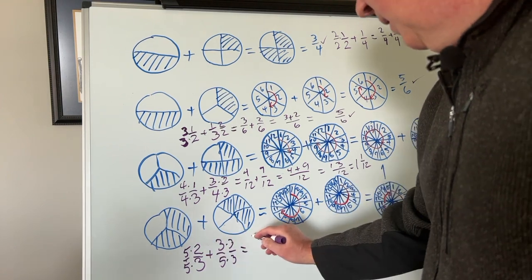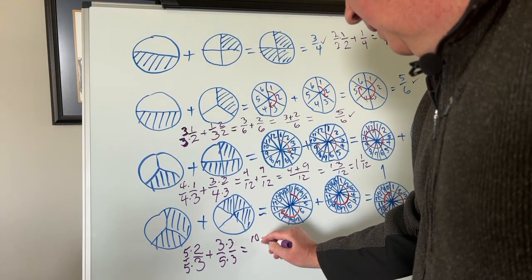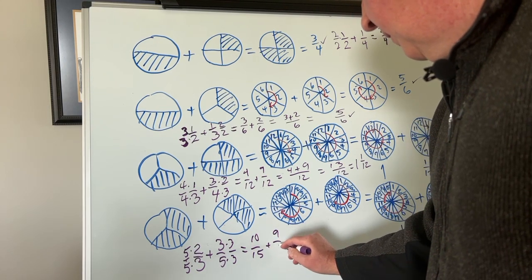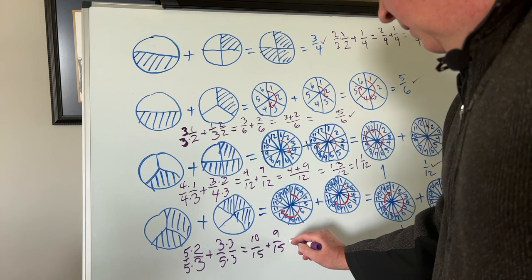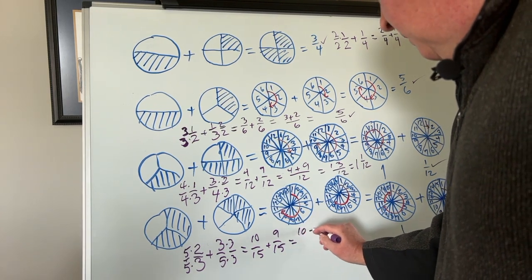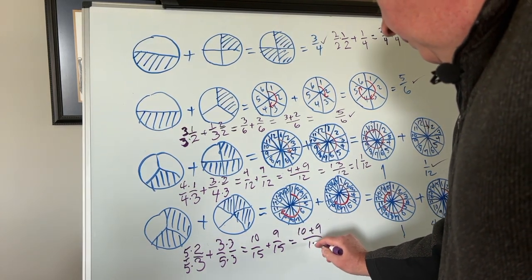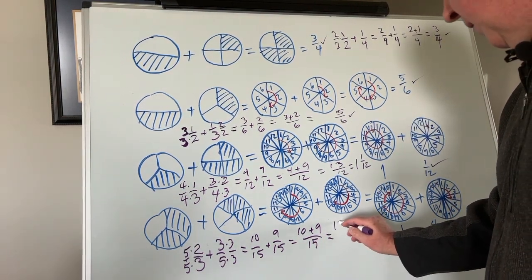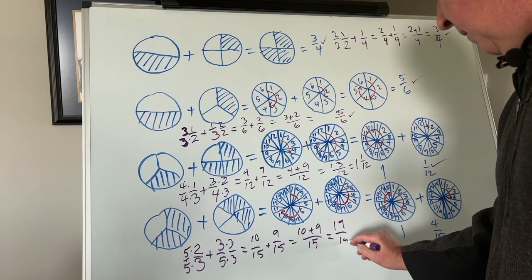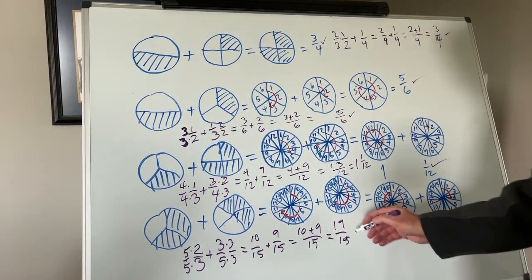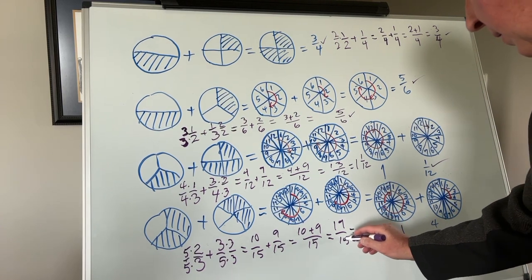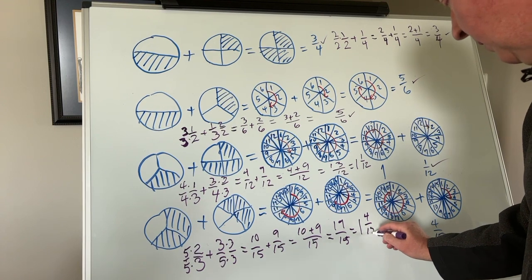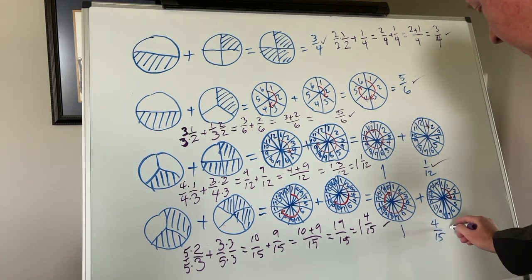And I'm going to multiply that. That's going to be 10/15 plus 9/15. And that's going to equal 10 plus 9 over 15. And that's going to be 19/15. 15 goes into 19 once with 4 left over. 15ths, and that's the same as this.